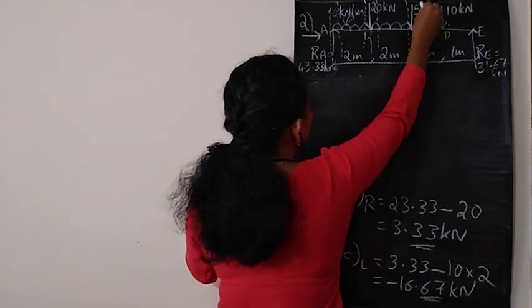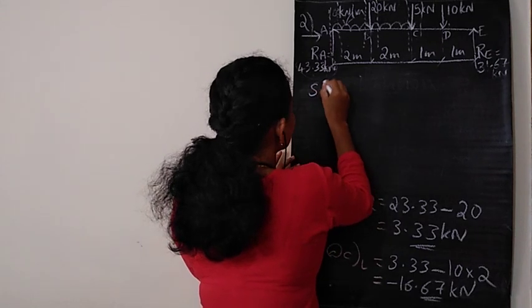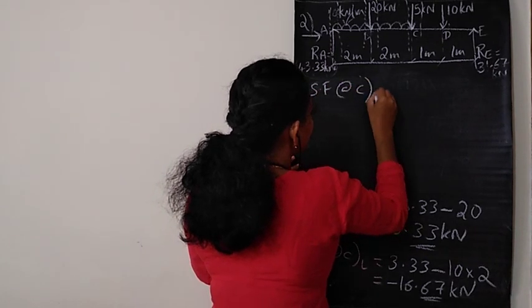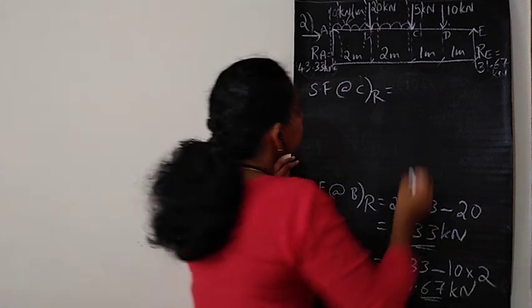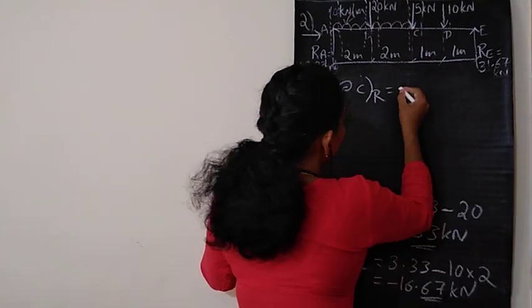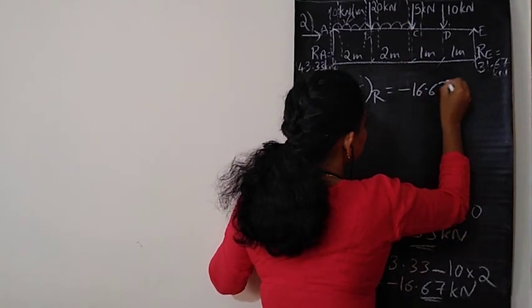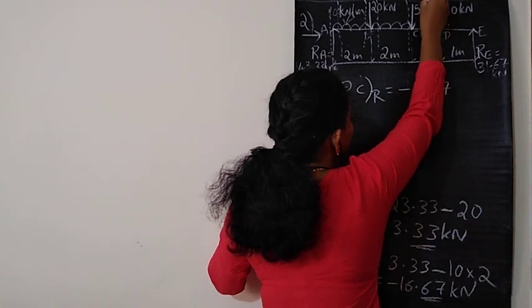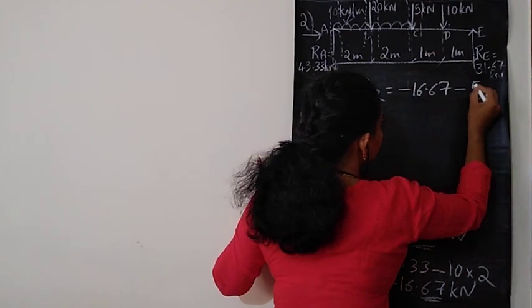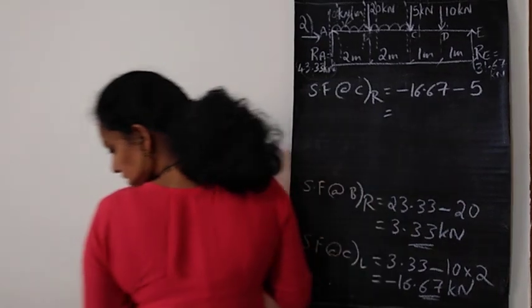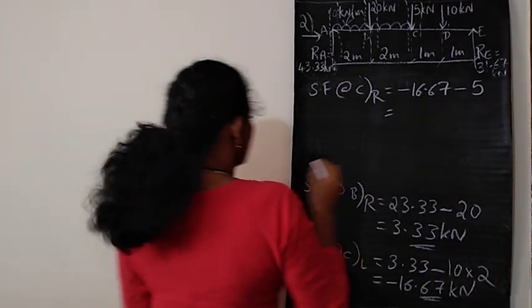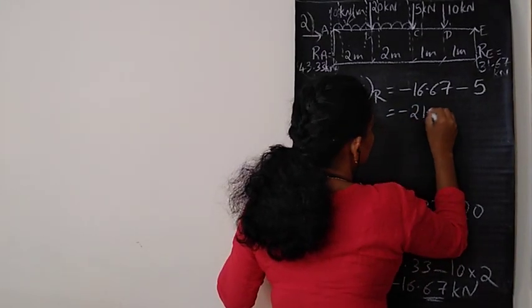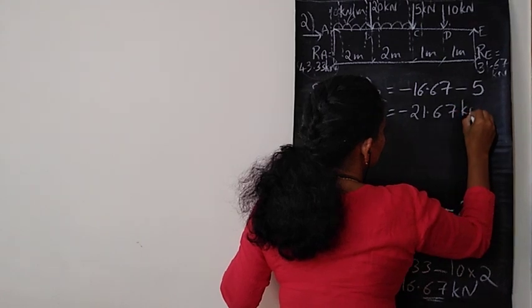Next, shear force at right of C. The previous value is minus 16.67. At right of C you have to consider this 5 kilonewton, that is again minus 5. The answer is minus 21.67 kilonewton.